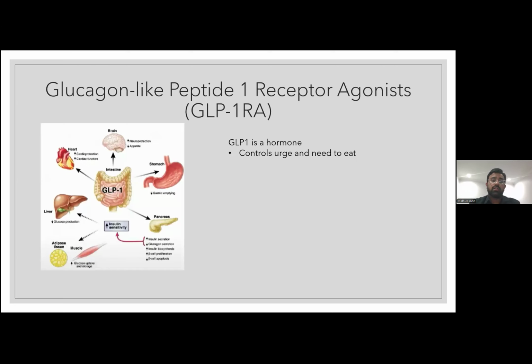The glucagon-like peptide 1 receptor agonists are something that has attracted a lot of attention. They're used in the treatment of obesity and type 2 diabetes, but essentially GLP-1 is an incretin hormone that is secreted during the postprandial phase by your intestinal enterocytes, mainly in the small intestine, and basically it regulates your plasma glucose.